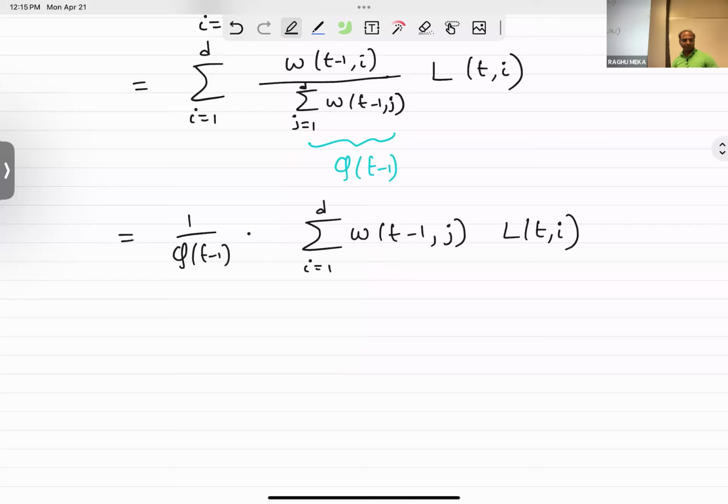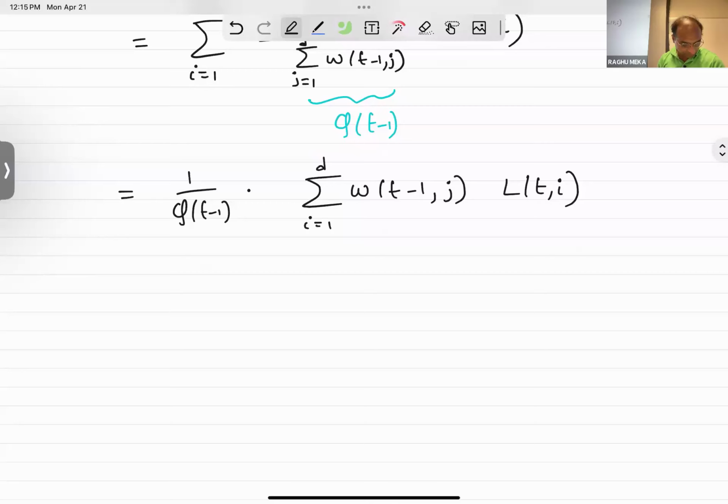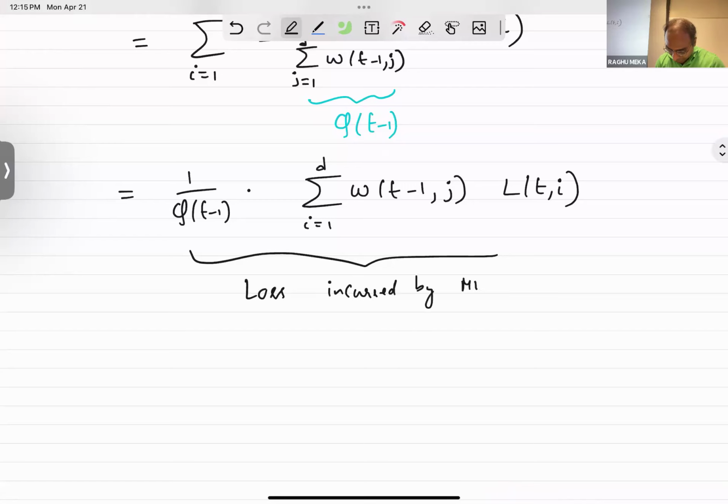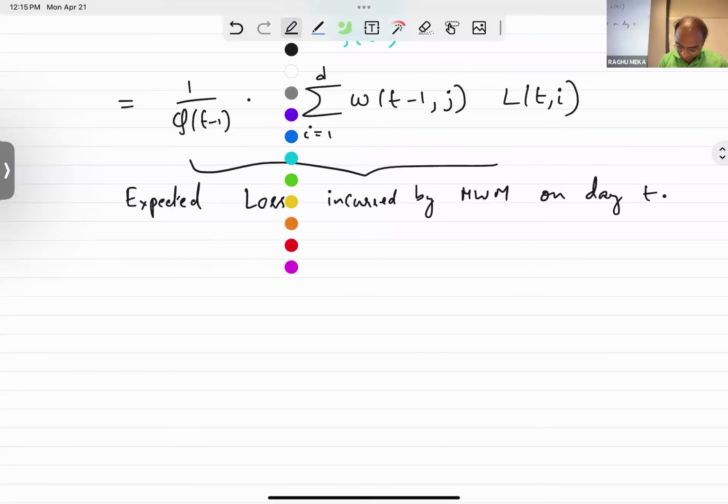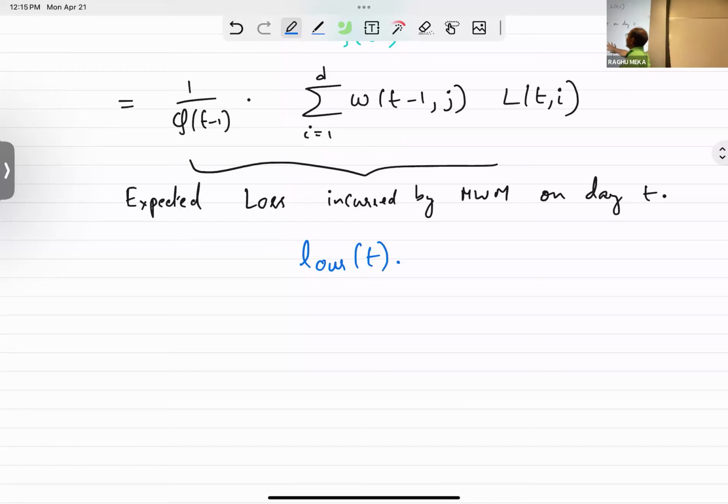Now this is the loss incurred by MWM, the expected loss on day t. Let me give it a name so that we have something concrete. Let me call it L hour of t. This is the expected loss that we incur on day t.